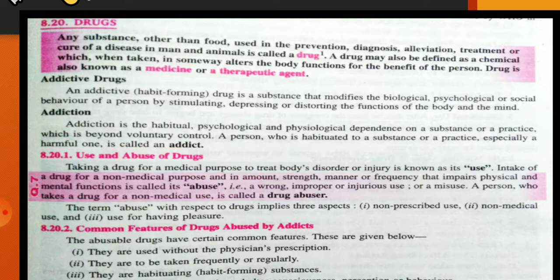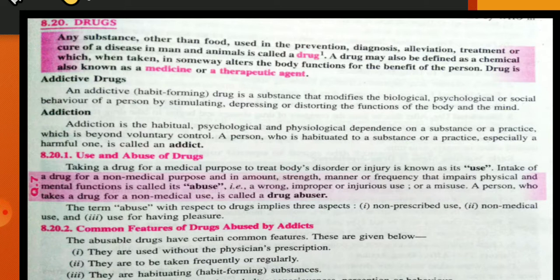So this is an addictive drug in that sense. An addictive, habit forming drug is any substance directly related to the biological, psychological or social behavior of a person, by stimulating, depressing or distorting the function of the body, or directly the mind. So this is called an addictive drug.